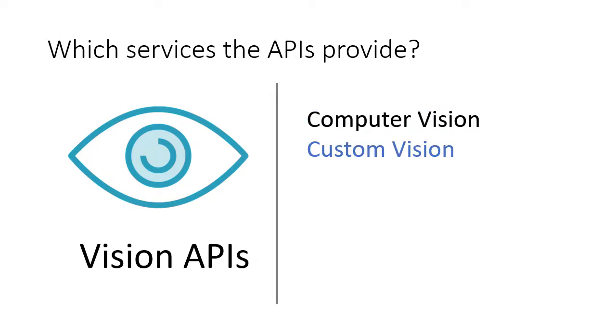Then you have custom vision that allows you to customize image recognition and classification by building custom image classifiers to fit your business needs. Also, we have the Face API that provides you face attributes detection and recognition. So for example, you can identify people and describe emotions in images.